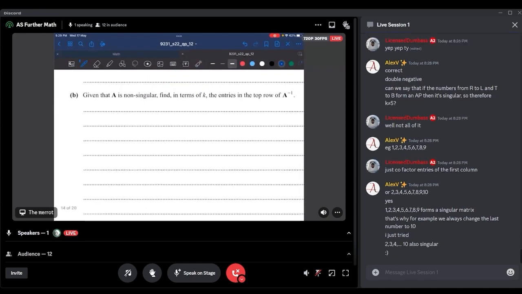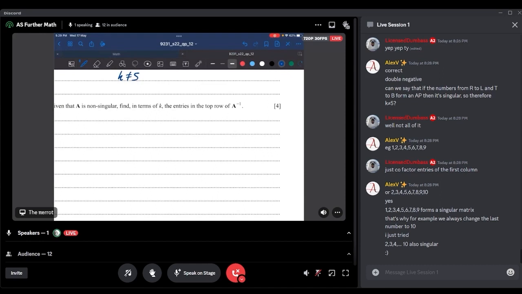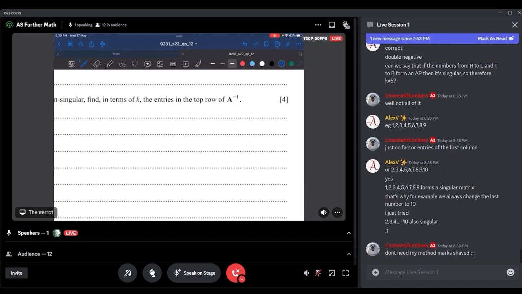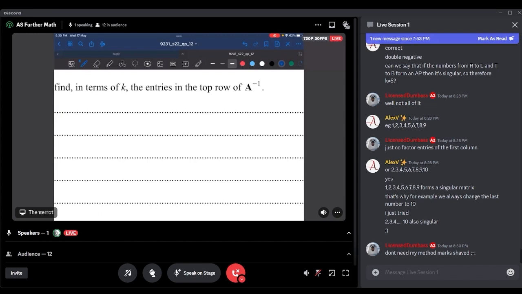So just to remember, A inverse you can find by doing an augmented matrix. But actually there's also another way to find A inverse, and that is A inverse is 1 divided by the determinant of A times the adjoint of A. The adjoint of A is a matrix. The determinant is just a real number.